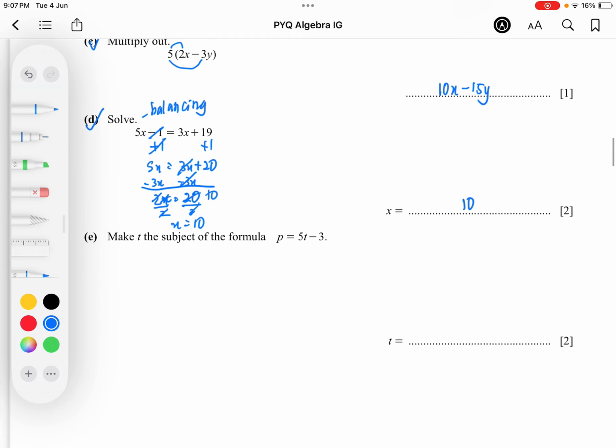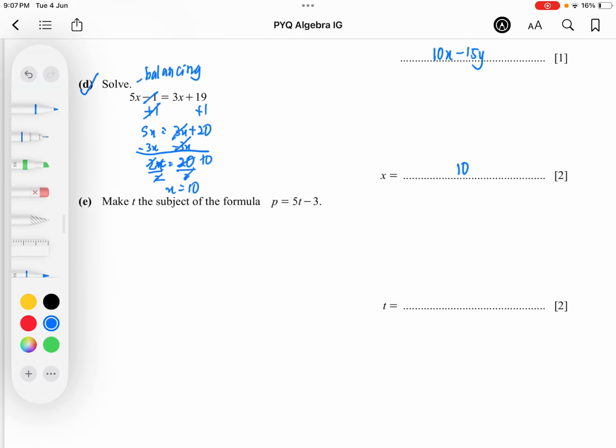Now, you use the same procedure when you are asked to make the subject. So here, T is the subject. Now, if you look at T here, there is 5 and there is minus 3 too. So we don't want that. The subject means T only. So what do you do? Same too. You just balance, one by one. So remove one by one. Minus 3 first is removed by plus 3 on both sides.